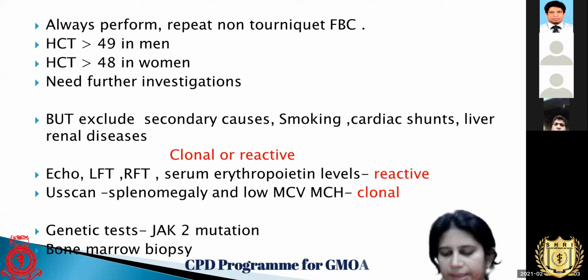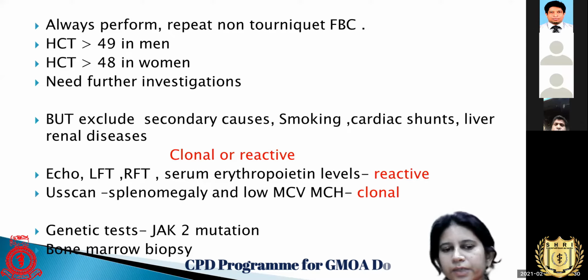You have to exclude secondary causes like smoking, cardiac shunts, liver and renal diseases, and erythropoietin secreting tumors. So is this patient clonal or reactive? Reactive means secondary. Then you have to go on to the investigations: 2D echo, LFT, RFT, serum erythropoietin. If these are abnormal, then you are dealing with a reactive or secondary cause.